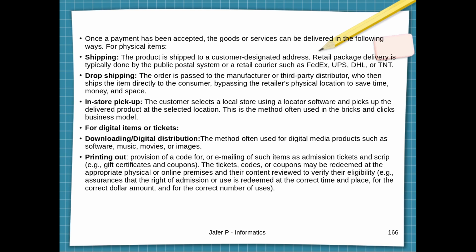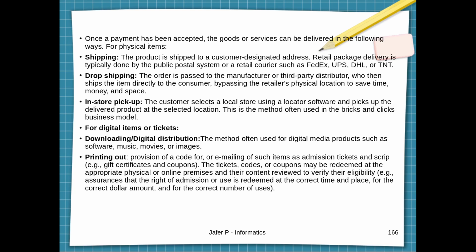The actual amount will be reduced when you use that coupon. That is called printing out, so that you can print out the copy, you can print out the items, the tickets, right? You can print out the gift certificates or coupons, and you can keep it yourself. And sometimes these coupons or gift cards may be used in the shop itself. So you have to take a printout of this gift card or coupon.